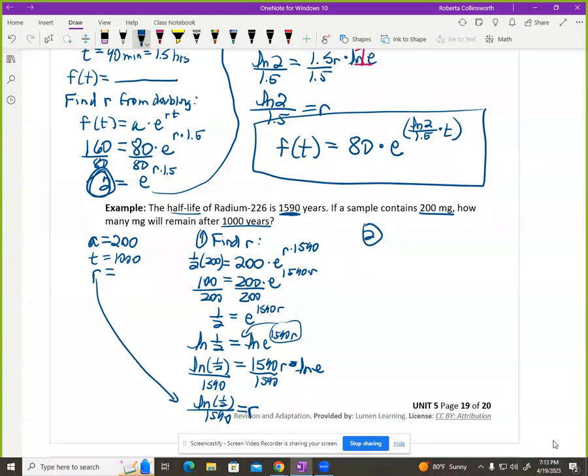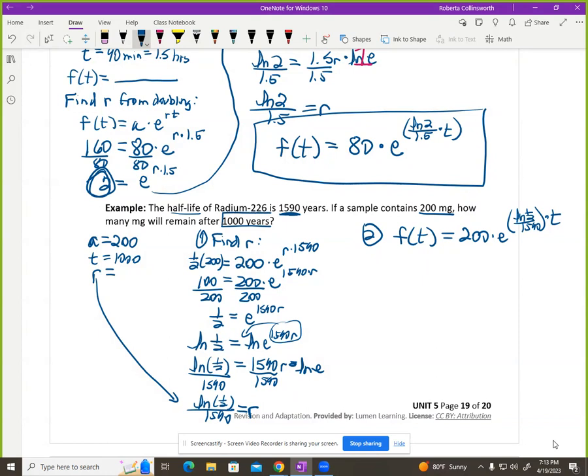The question says how many milligrams will remain after 1,000 years. So I can use my formula. Remember, A is 200 times e raised to the r. R is ln of 1/2 divided by 1590 times t power.